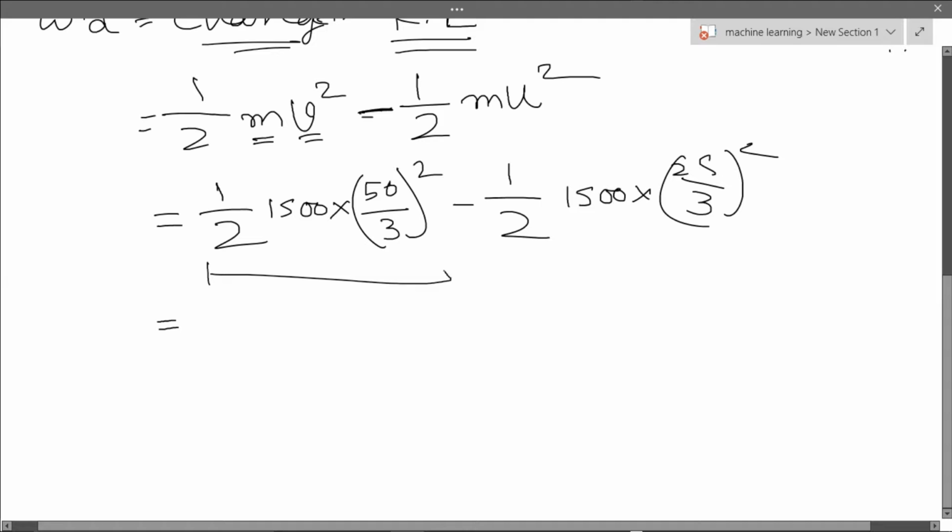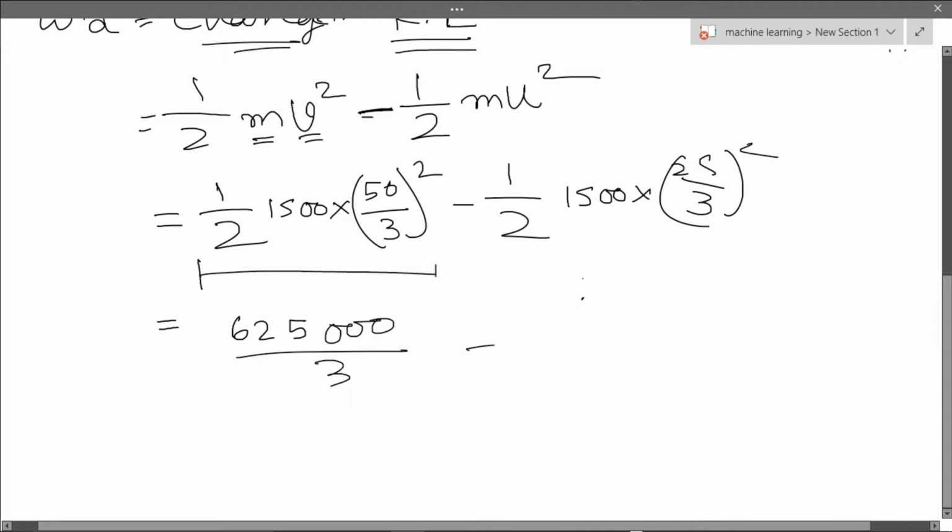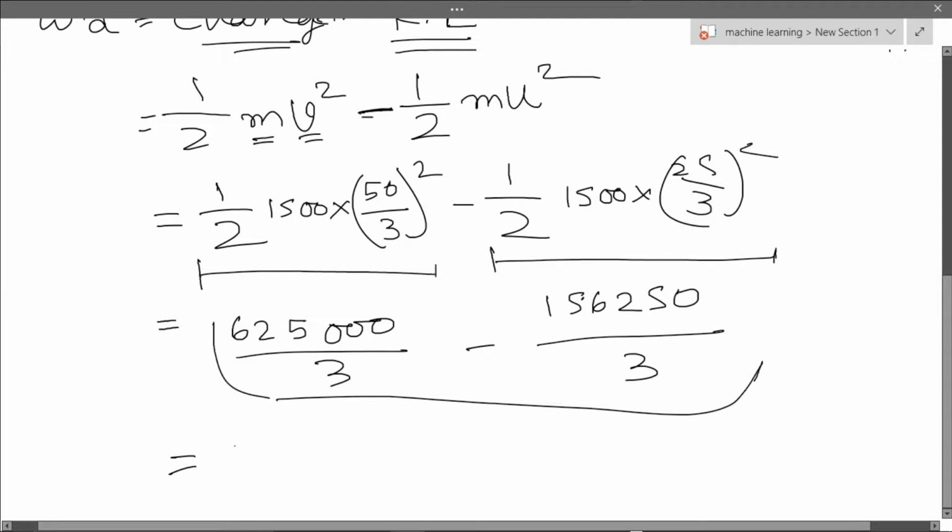After simplifying it, the value is 625,000 by 3 minus 156,250 divided by 3. After subtracting it, the value is 156,250 joule. This is the work done.